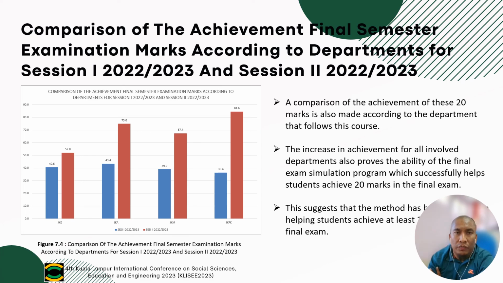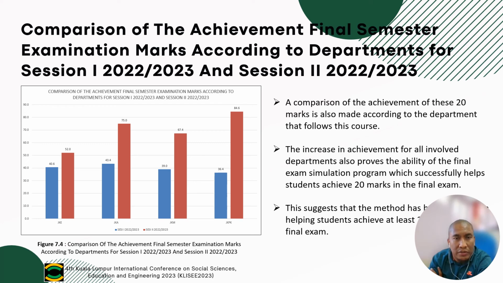A comparison of the achievement of final semester examination marks according to department for Session 1 2022-2023 and Session 2 2022-2023 has been made. From figure 7.4, the increase in achievement for all involved departments also proves the ability of the final exam simulation program, which successfully helped students achieve 20 marks in the final exam.